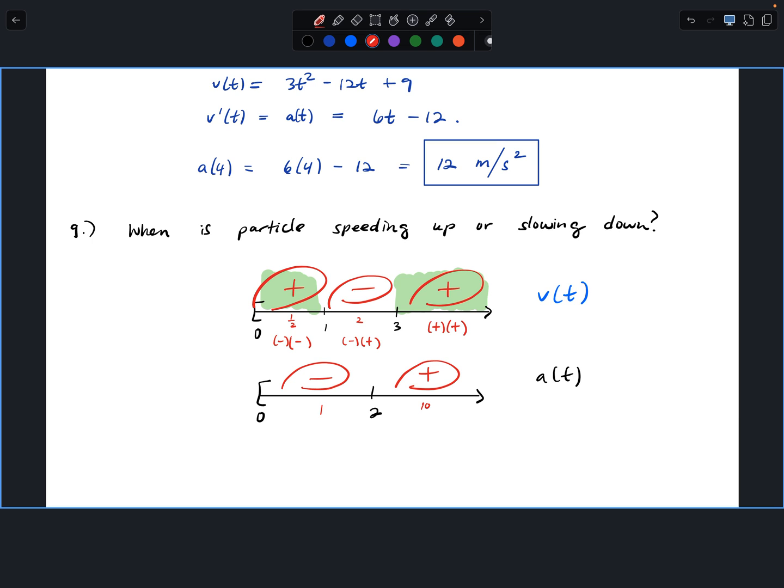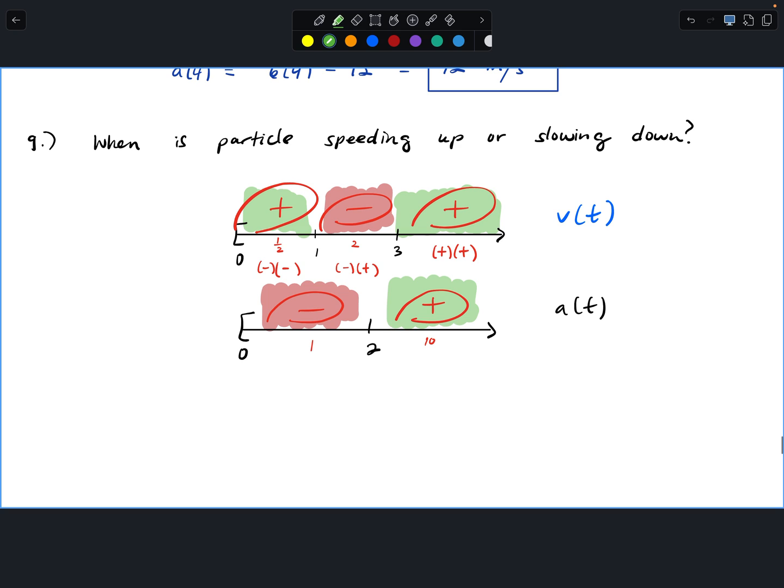Okay. Is everybody good? It's speeding up when they have the same sign.